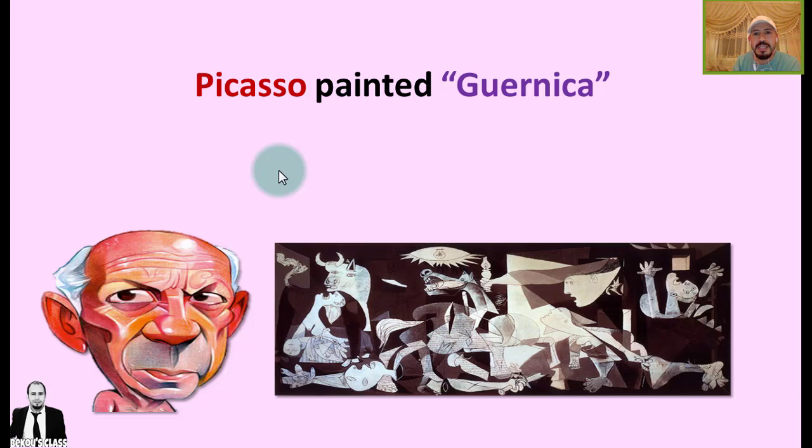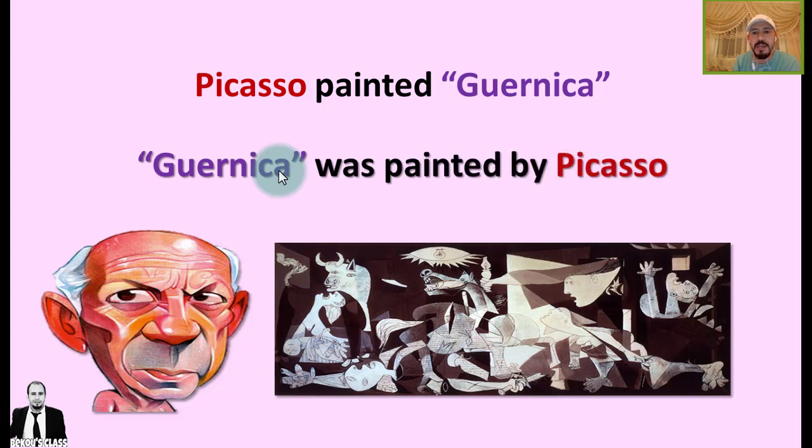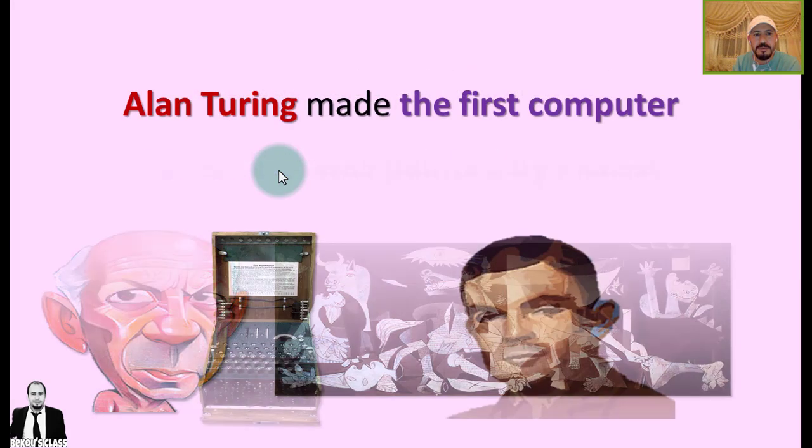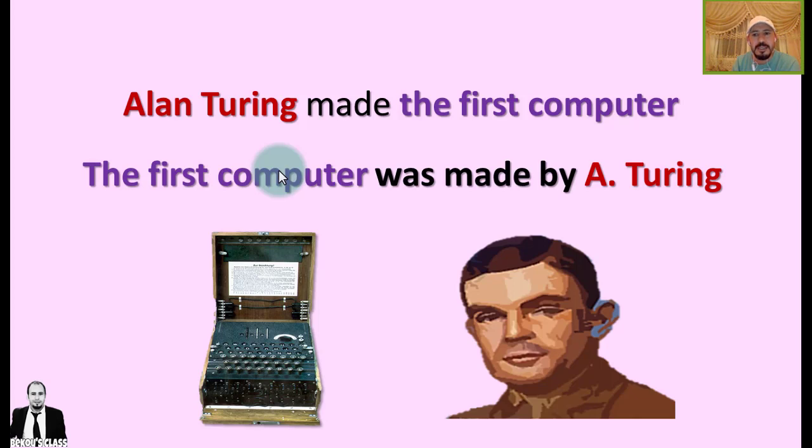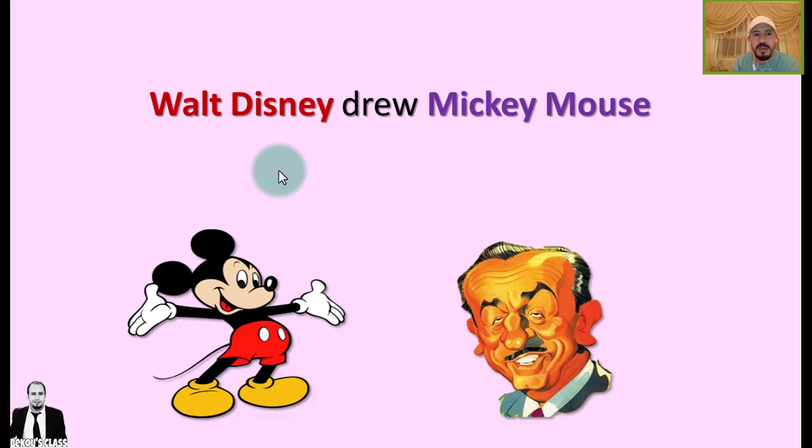Picasso painted Guernica. So Guernica was painted by Picasso. Alan Turing made the first computer. The first computer was made by Alan Turing. Walt Disney drew Mickey Mouse.